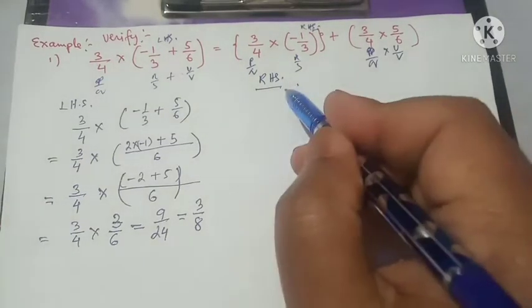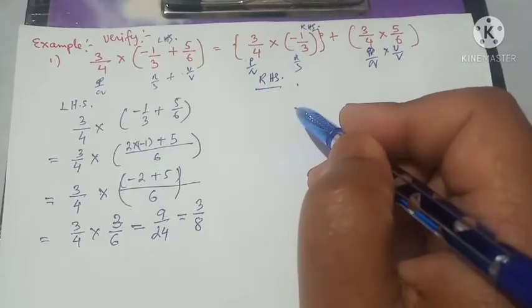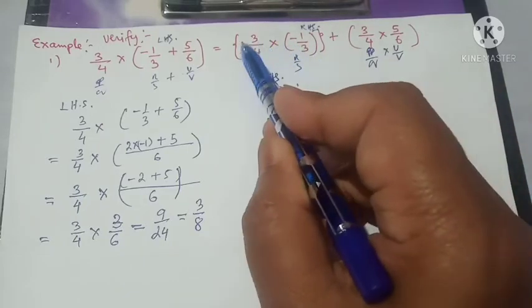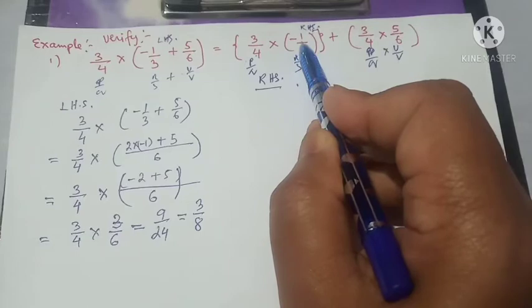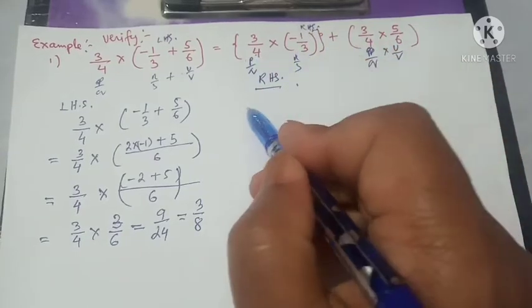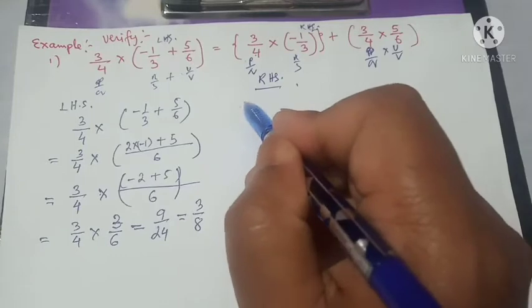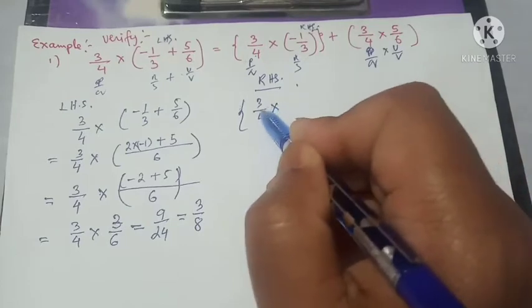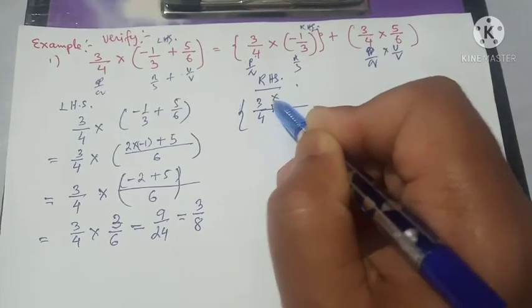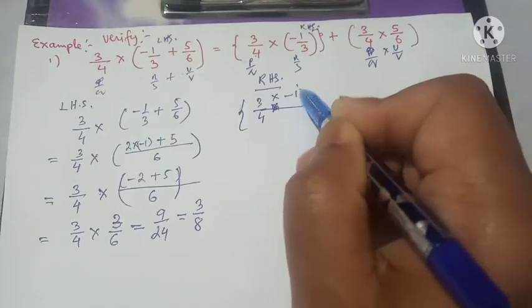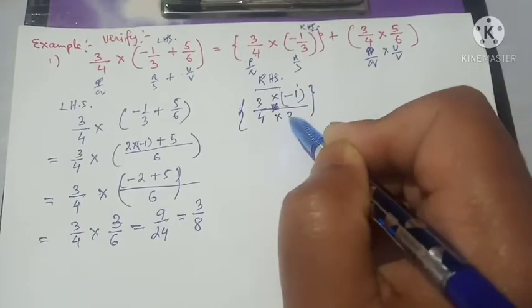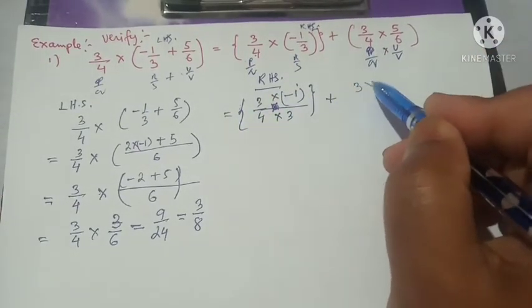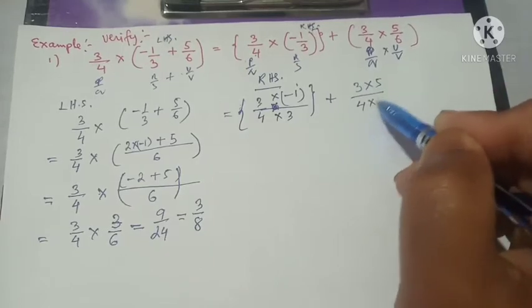First we multiply the first bracket with each term: 3 by 4 into minus 1 by 3, and 3 into 5 by 4 into 6.